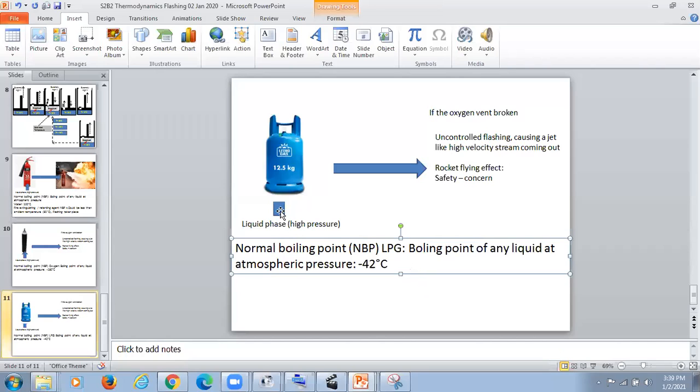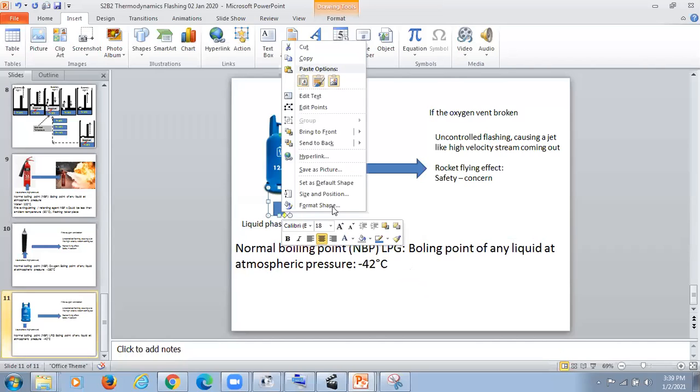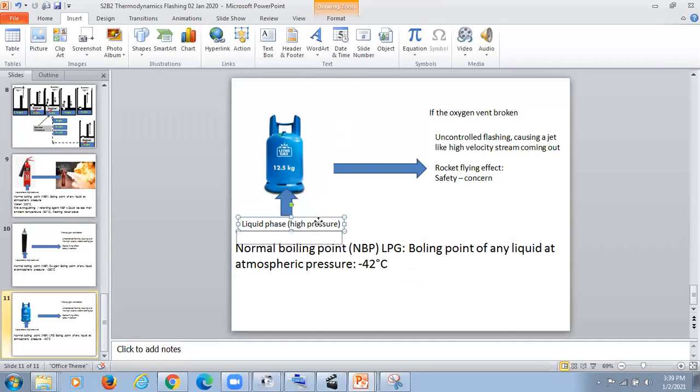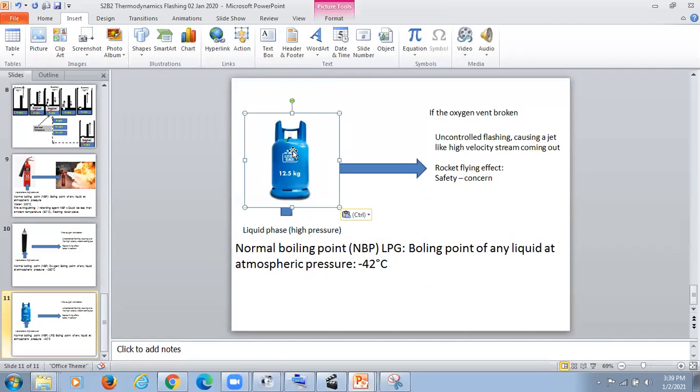So whenever in the industries you are using pressurized liquid in cylinders and containers, whatever, the safety issues you should consider. Again here, you can see the same issue.